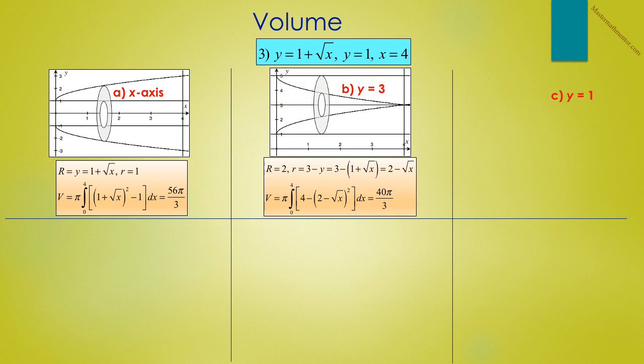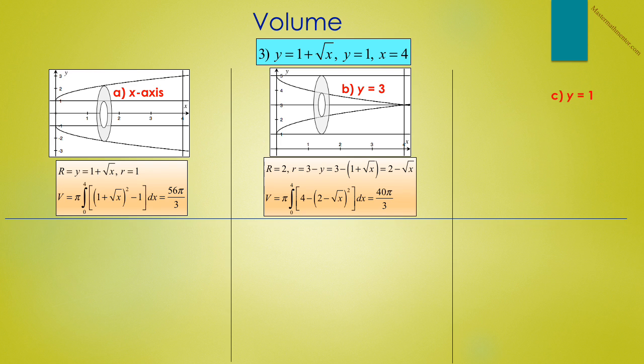In B, we are rotating around the line y equals 3. We again draw a mirror image, and we see that again it is a washer problem, with capital R being the distance from 1 to 3, which is 2, while little r is equal to 3 minus y, which is 3 minus the quantity 1 plus the square root of x, which is 2 minus the square root of x.